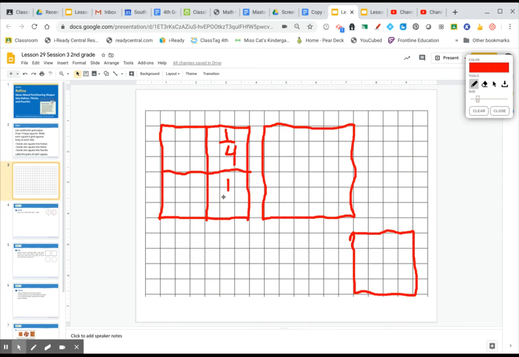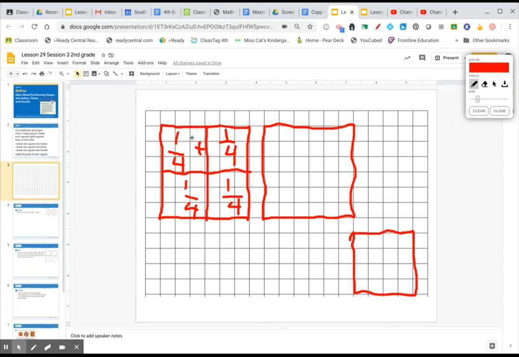This is 1/4 of the square. 1/4 and 1/4. So if we added all of these fourths together, 1/4 plus 1/4 plus 1/4 plus 1/4, we would get 4/4, which is the whole. So we could add and subtract fractions that way as well.